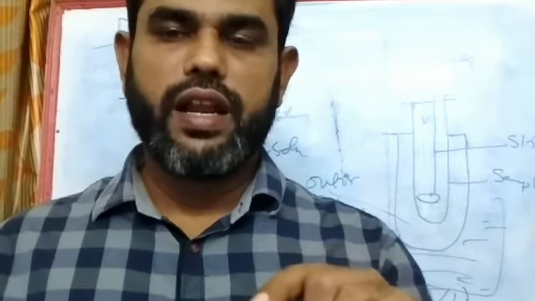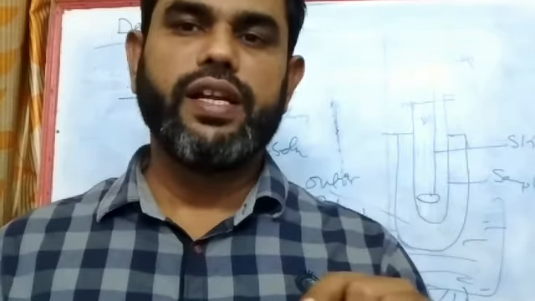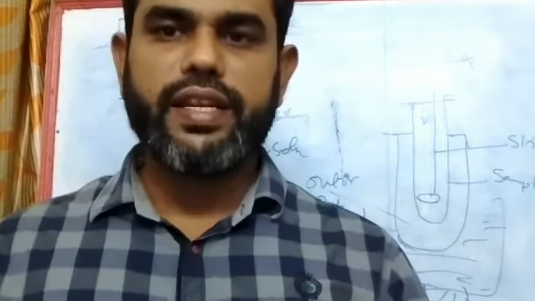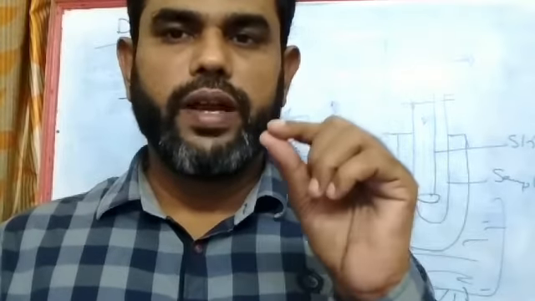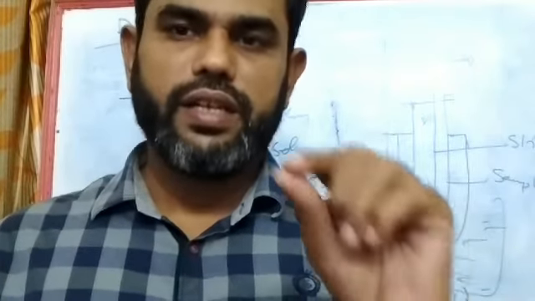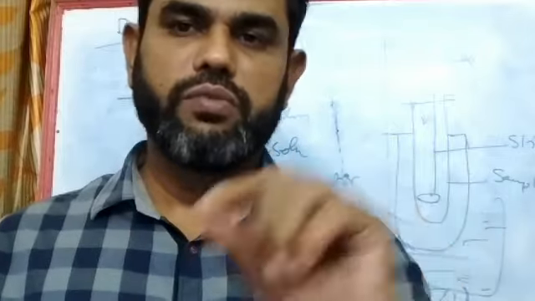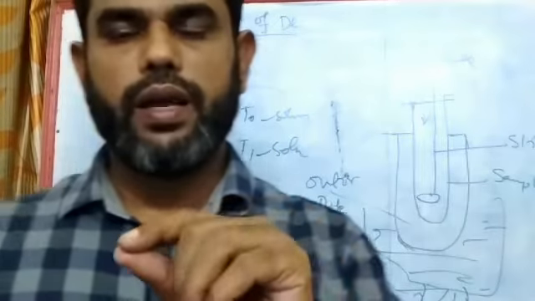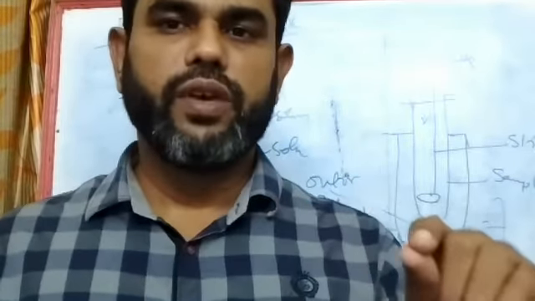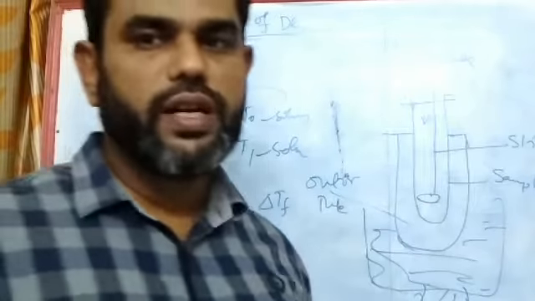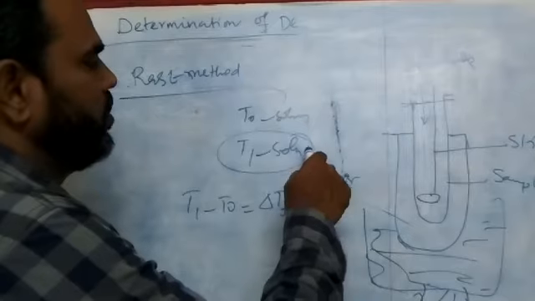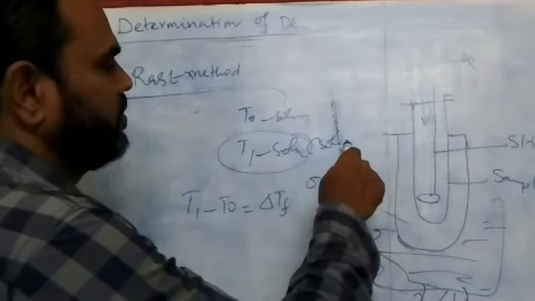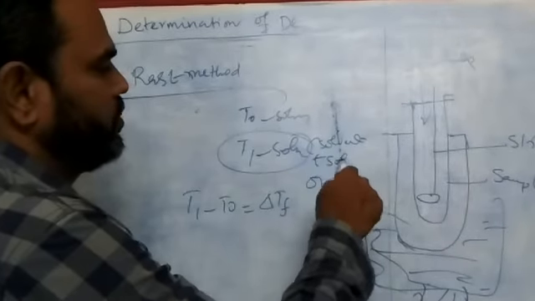And to get a concordant value, make it a complete solid by freezing, then heat it up. The temperature rises and at one particular point the frozen mixture melts, which is noted as the melting point. So both are more or less the same. That is to be noted as the delta T1 of a solution, that is solvent plus solute.